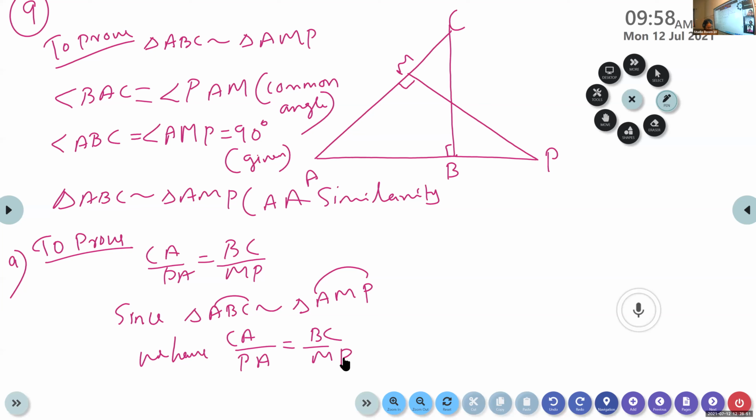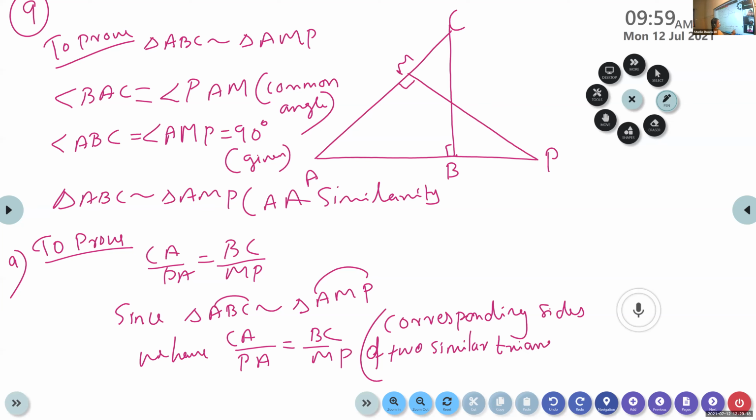The reason: corresponding sides of two similar triangles are proportional.